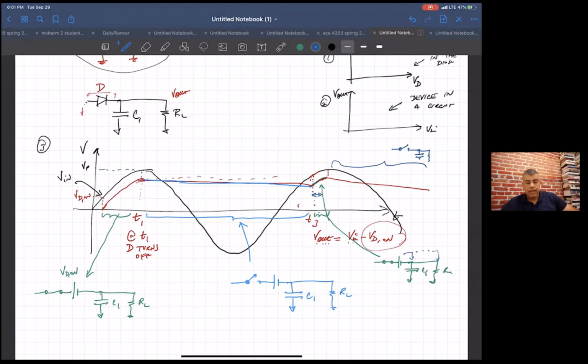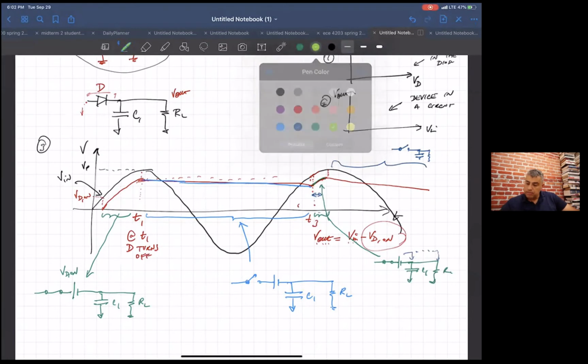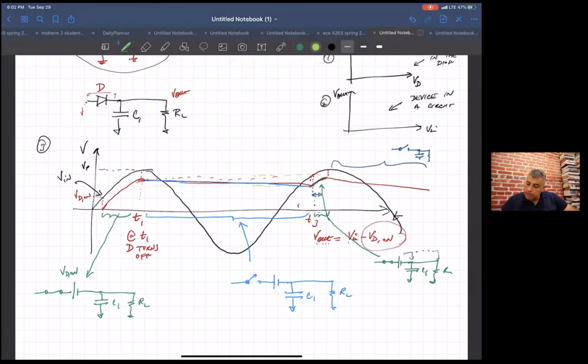We'll see that. Okay, and this difference between this guy's high and low, this delta V called VR, is called the ripple. Ripple is bad.